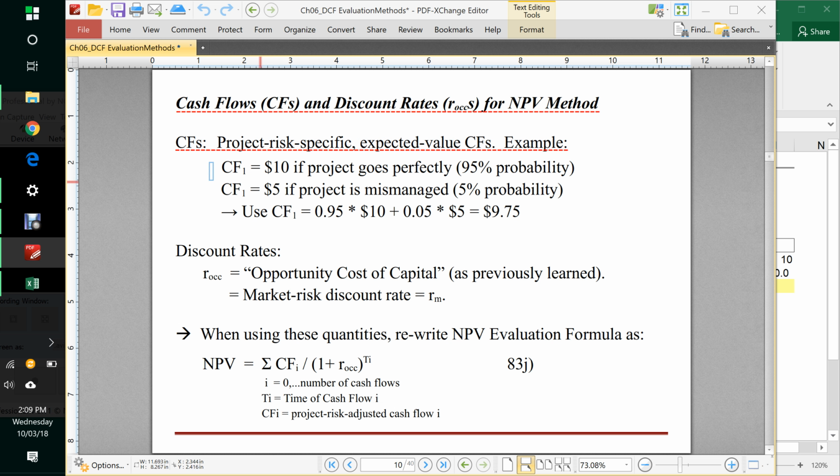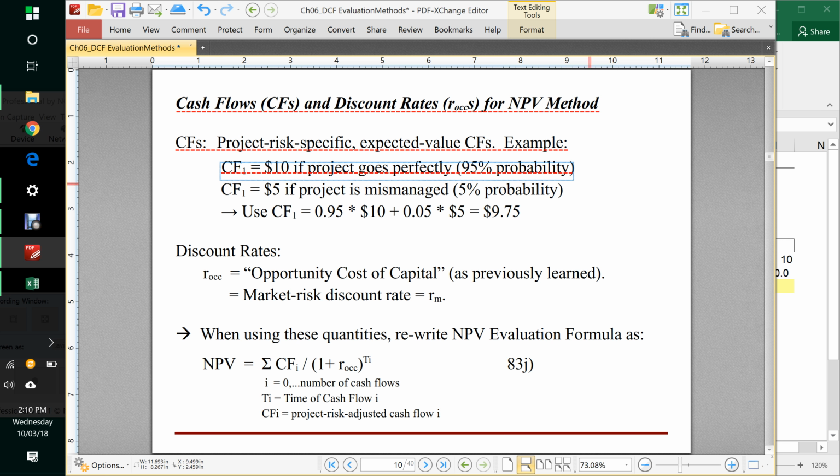Let's say we have a project coming along where a sponsor says, we put some money in now, in a year, we're going to get $10 back, okay? That's what the sponsor claims, all right? We know this sponsor.